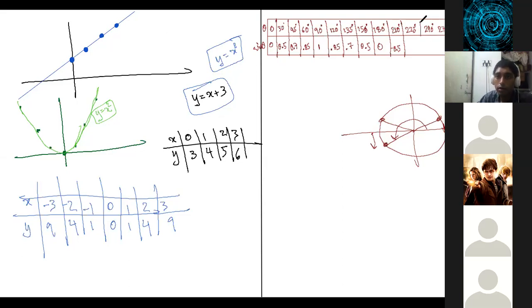They'll all follow the same pattern, so there's nothing you have to think a lot about. So this will be minus 0.5, minus 0.7, minus 0.85, minus 1, again minus 0.85, minus 0.7, minus 0.5, and this is 0 again.